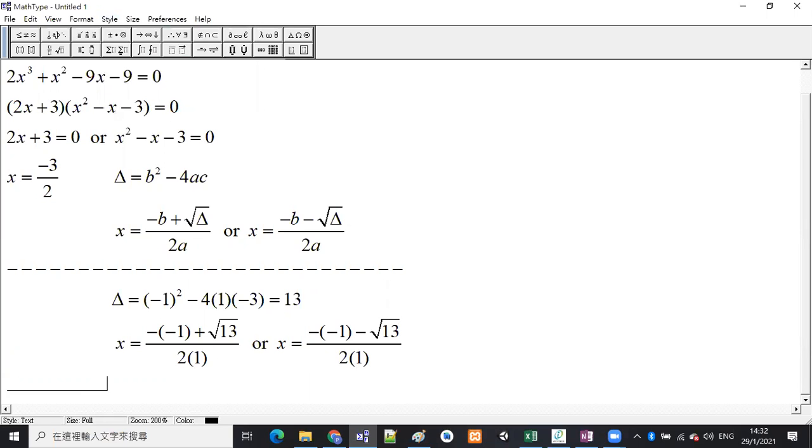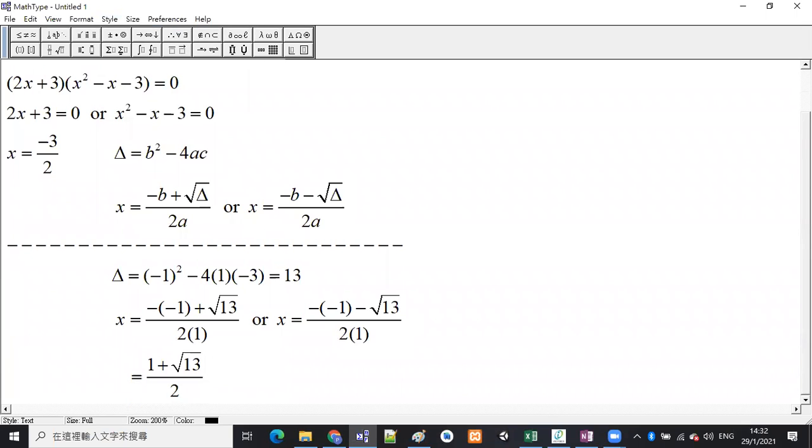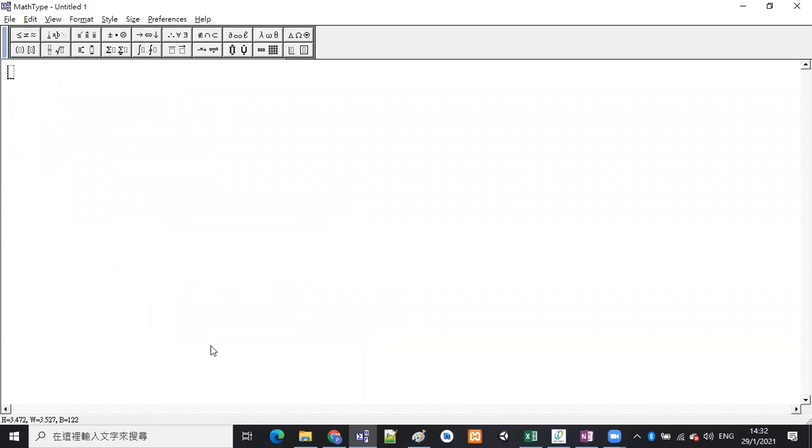Okay, so the second answer will be 1 plus root 13 over 2. And then the third answer will be 1 minus root 13 over 2, like this.